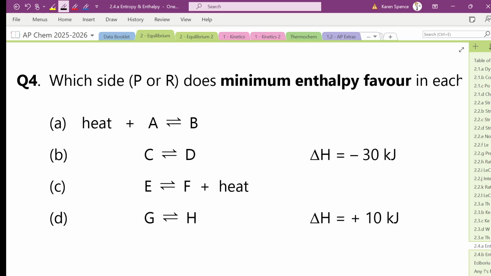Okay, A, products or reactants? Reactants.